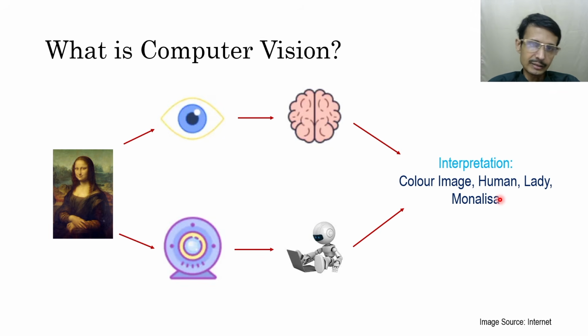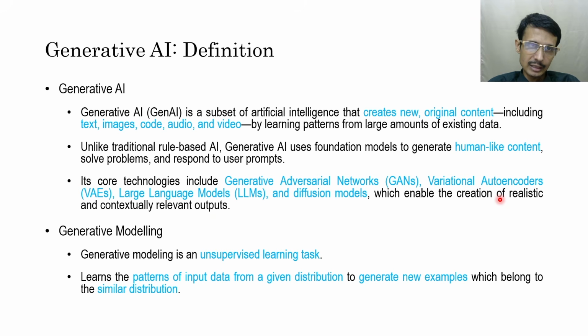Next, we try to understand what generative AI is, what this means, and why it is important for this computer vision task. Generative AI is a subset of artificial intelligence that creates new and original content. This is very important: in general, AI is a rule-based system.